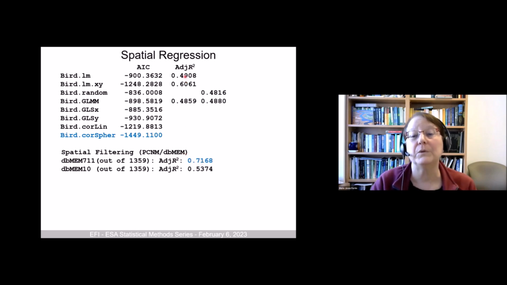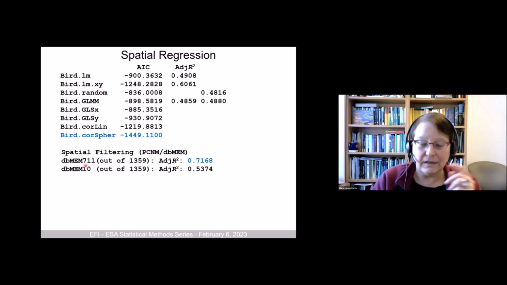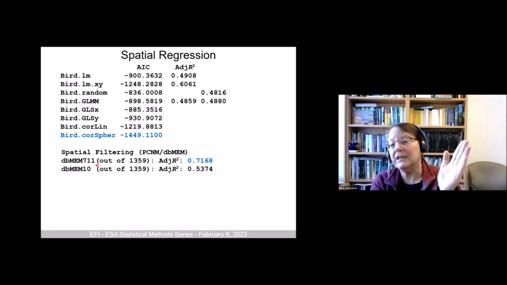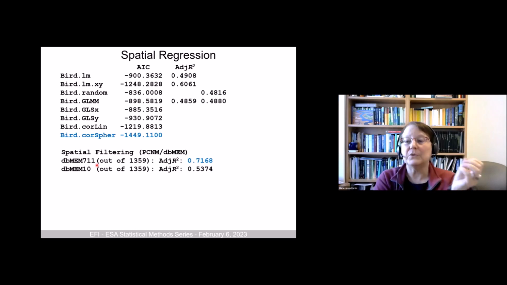So it's much better than the trend surface analysis or the linear model. And when I go to the example in R, I will show you this. Out of those 711 eigenvector maps that have different sign and cosine, they look alike at one point, so you need to select a subset.